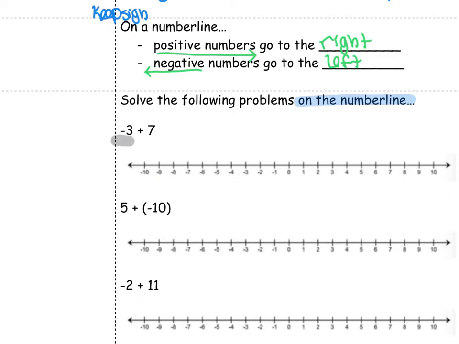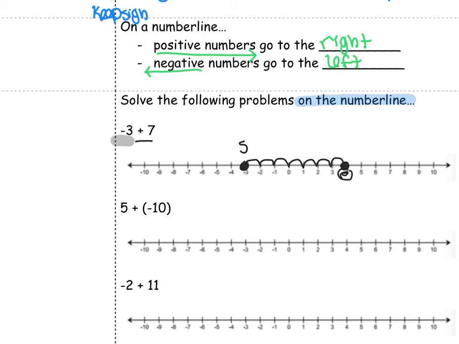So we start at negative 3. I'm going to circle negative 3 with a closed circle because I'm starting there, and put an S above it for start. And then I'm adding 7. It's a positive number, so I'm going to the right. 1, 2, 3, 4, 5, 6, 7.